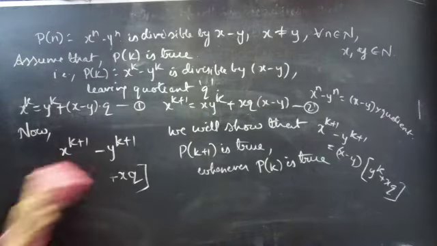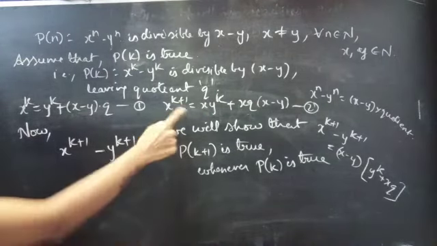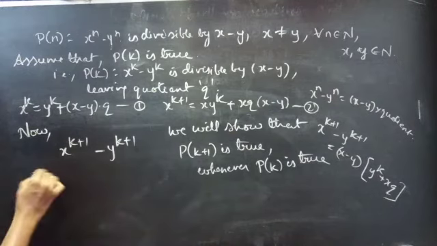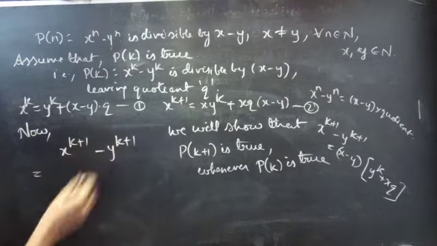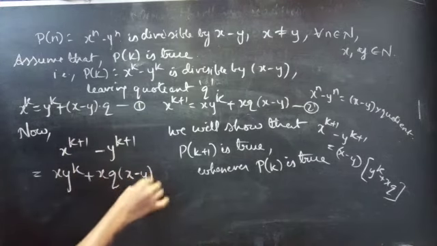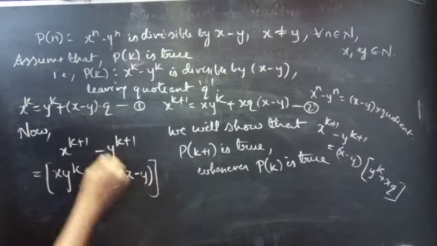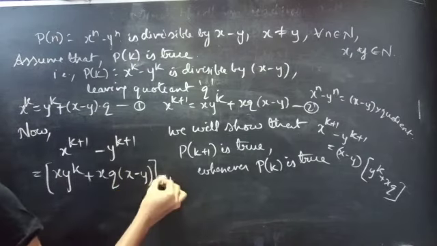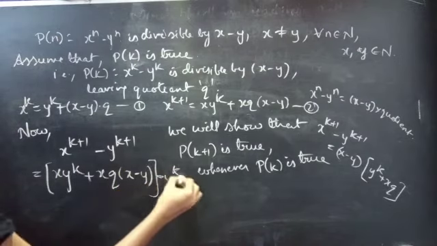Now let's see for equation 2. Simply replace x power k plus 1 by equation 2. You'll get x y power k plus x q into x minus y minus, write y power k plus 1 as y power k into y.